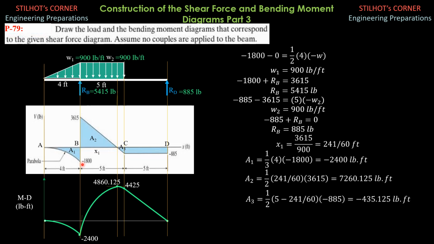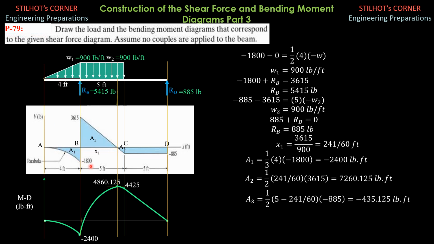Remember that the change in shear, negative 1,800 minus 0, is the area above. Since this is parabolic and a parabola is second degree, it begins with 0 intensity because we have 0 ordinate here, to a certain W1. So it is a triangular load above.